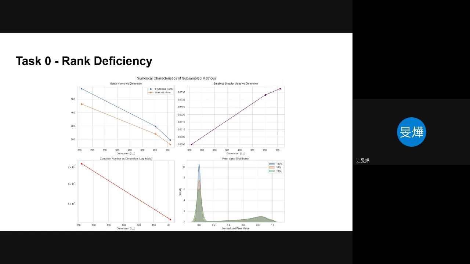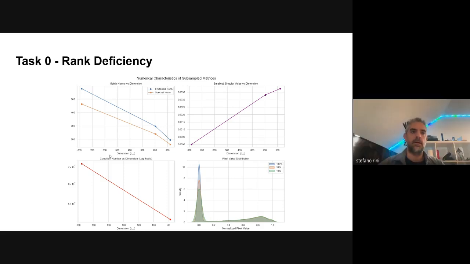So these redundant features make our original matrix rank deficient. So it shows 0 here. And because the smallest singular value is 0, our condition number at 100% becomes infinite. So this is why the data point is missing on the bottom left chart. It shows up to infinity.